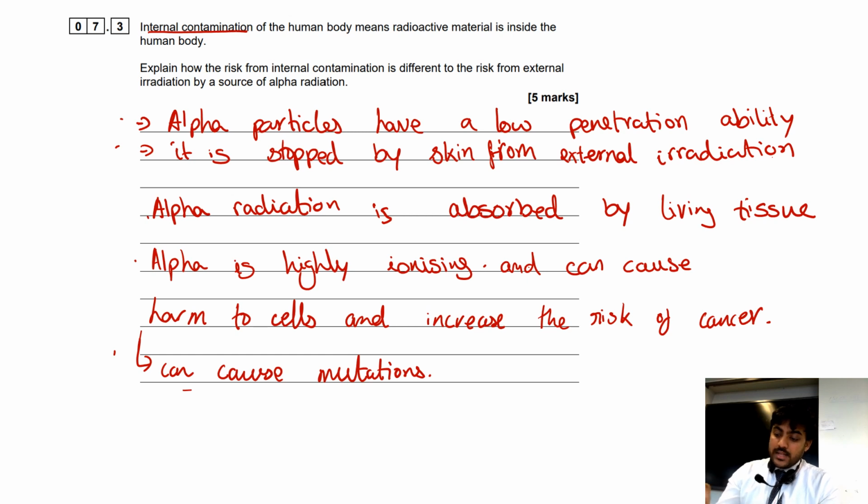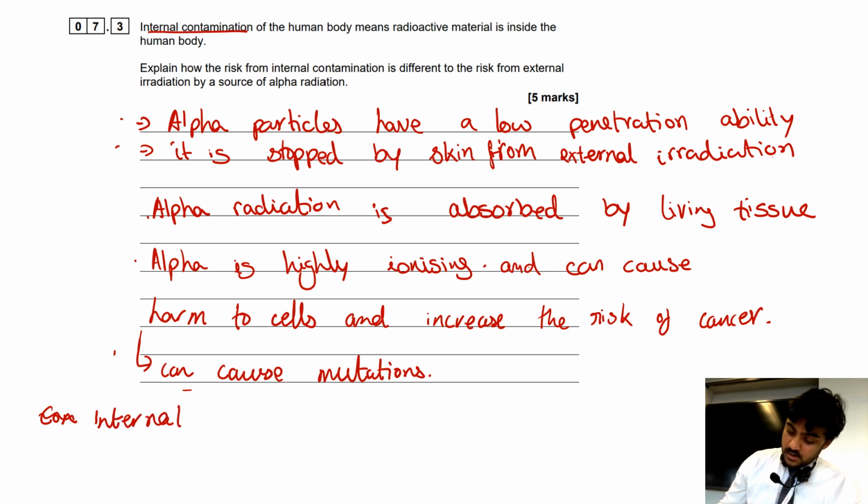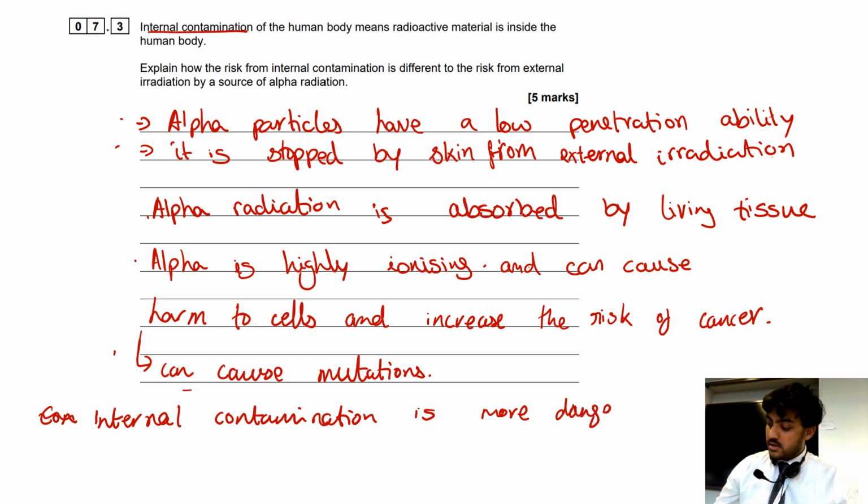Or sorry, 4 marks even. These two things and these two things will get you 4 marks. But the comparison mark comes in by saying contamination or internal contamination is more dangerous. Of course it is, because externally it's stopped by the skin.